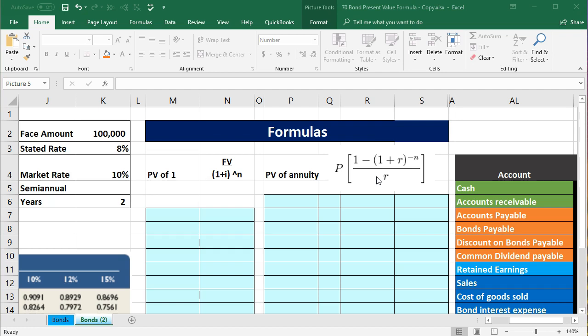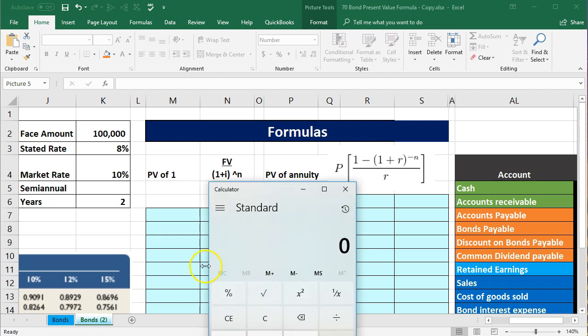We know how much it's worth in terms of just dollars because we're going to have 4,000 that we're going to get. That's going to be the 100,000 times 0.08 divided by 2. That's the amount of interest we're going to pay every 6 months, 4 times, twice a year for 2 years.